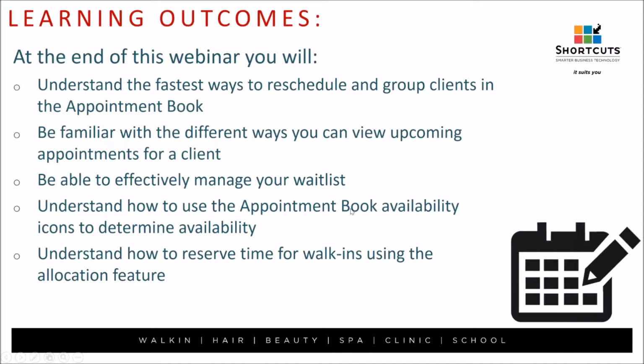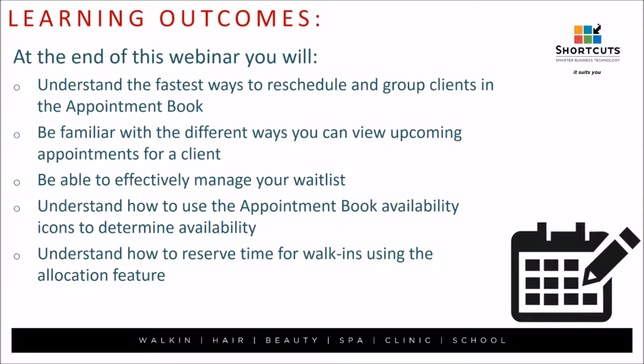Okay, so our learning outcomes for today. At the end of this webinar, we will understand the fastest ways to reschedule appointments and also group clients in the appointment book. We will learn how to manage different ways to view upcoming appointments for a client.